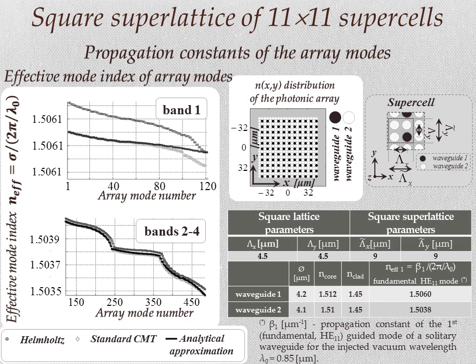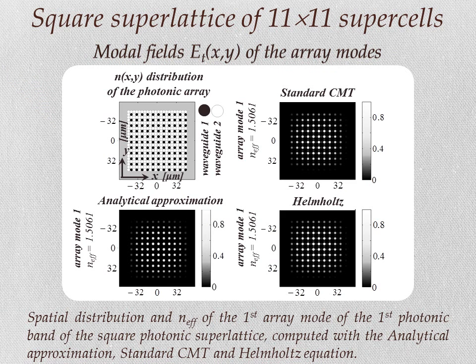three different methods. Here you see spatial distribution and n effective of the first array mode of the first photonic band of the square superlattice, computed with the analytical approximation, standard CMT, and Helmholtz equation.